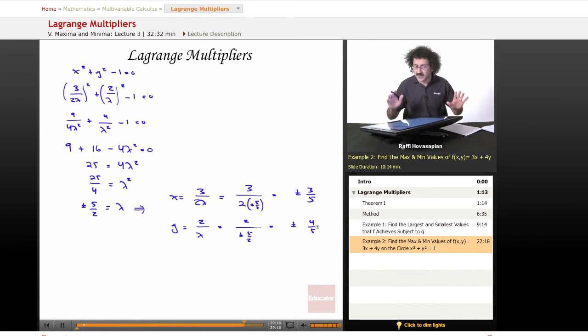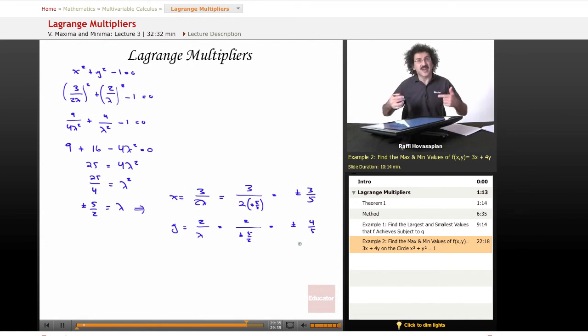Okay, now let's stop and think about this. We have plus and minus 3/5 for x, and we have plus and minus 4/5 for y. Now, you're probably thinking to yourself, just like for the previous problem, that we have 4 points. 3/5, 4/5, 3/5, negative 4/5, negative 3/5, 4/5, negative 3/5, negative 4/5. That's actually not the case, and this is where you have to sort of look at other things.